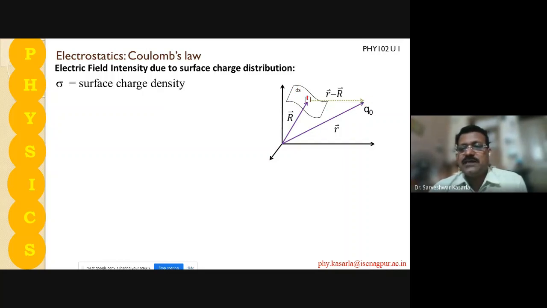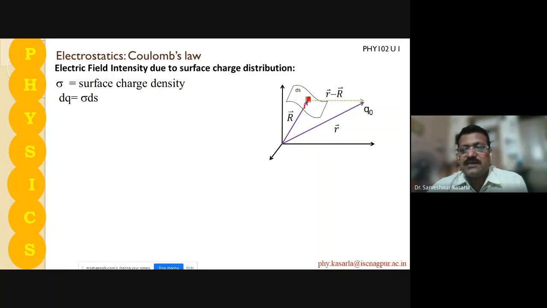We consider a small area ds, which will contain a small charge dq, and if sigma is the surface charge density, then the small charge on this surface area ds is dq is equal to sigma into ds.